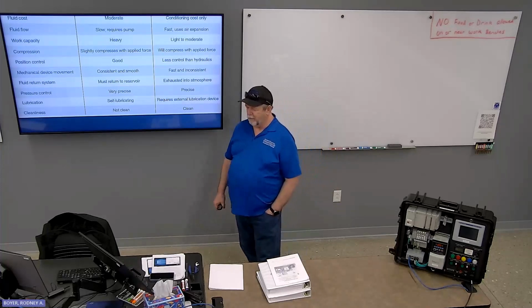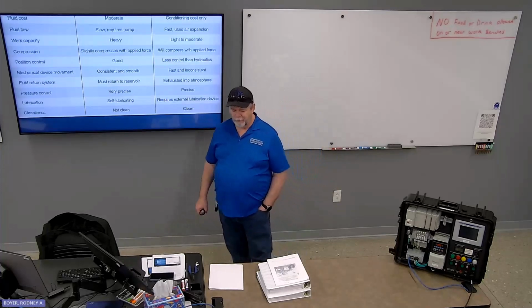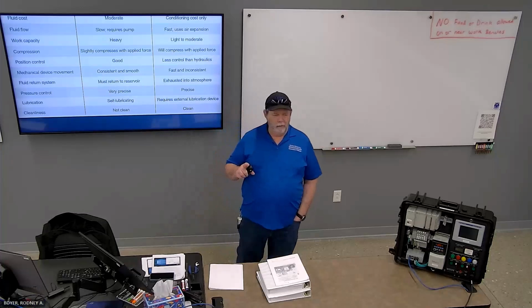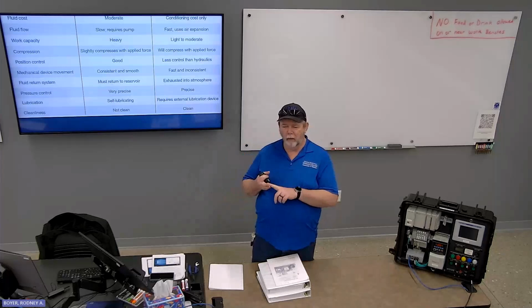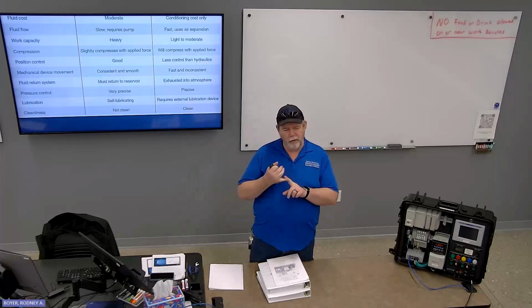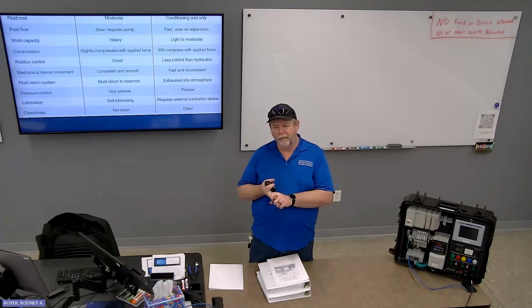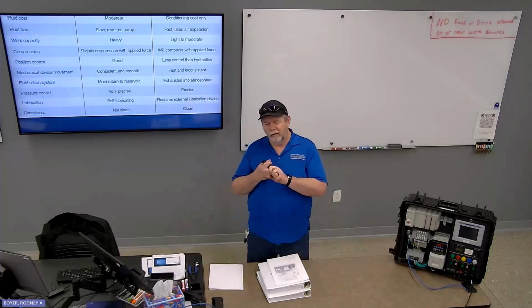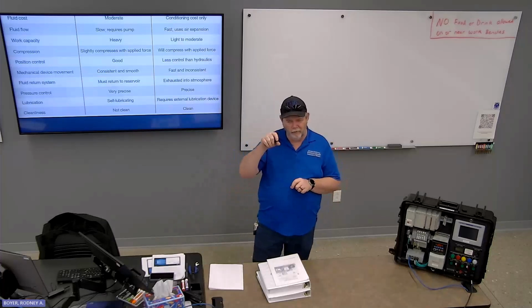And then the pneumatic system requires an external lubrication device. When you are conditioning your air, you do an FRL, filter regulator lubricator. In that order, you filter the air first, then you regulate it to whatever pressure you want, and then you lubricate it. Most pneumatic lubricators are the little drip doodad.